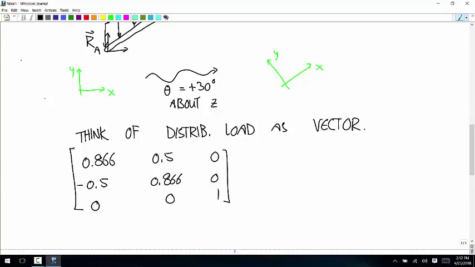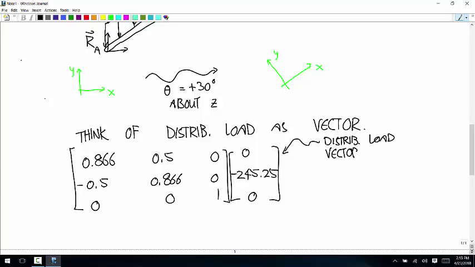And in the original coordinate system, what's that distributed load vector? Yep, 0, negative 245.25, 0. That's the distributed load vector in the original coordinate system.